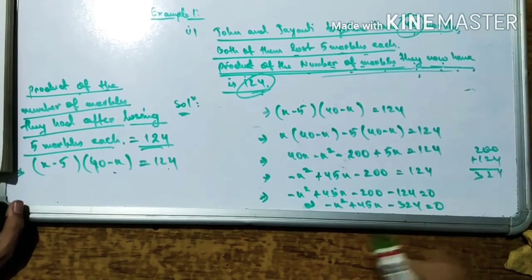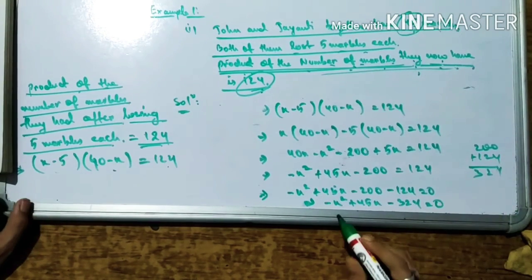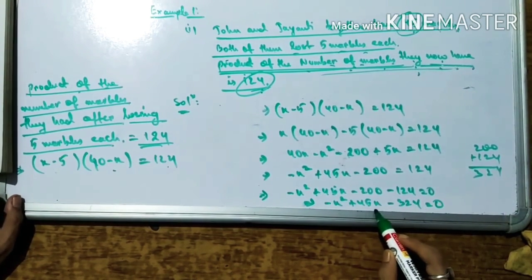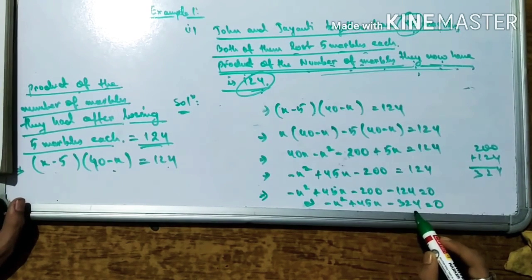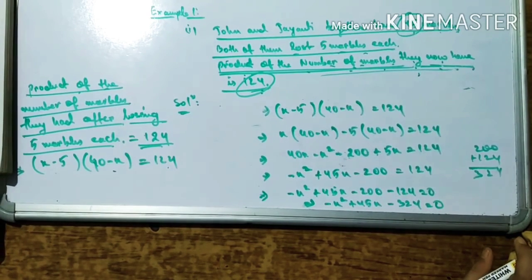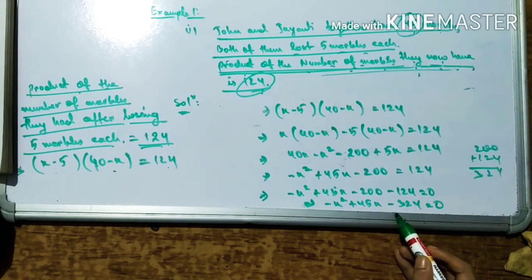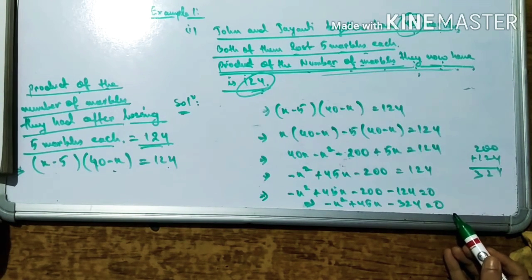So in here I got minus x square plus 45x minus 324 is equals to 0. Yes, this is what I got. I have already brought it in the form of ax square plus bx plus c is equals to 0.